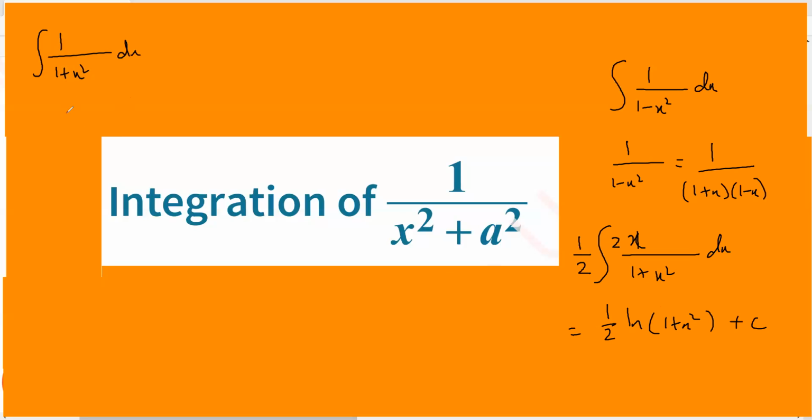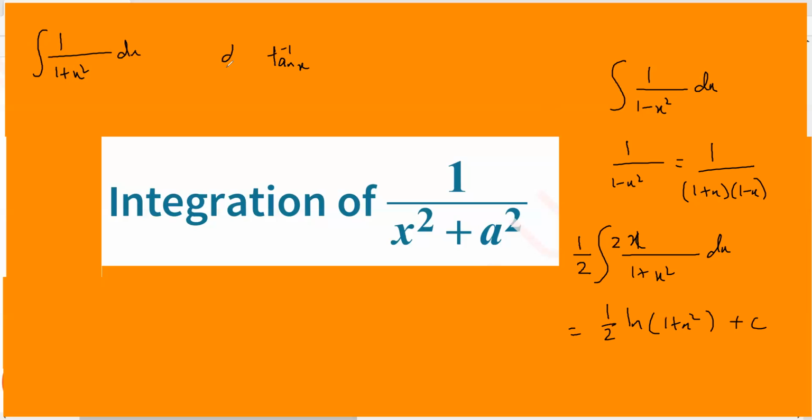But if you just have this 1 over 1 plus x square, you can neither factorize this, nor have its derivative up here. So then you must recall one thing is clear: you can't write its partial fractions, you can't write this resulting into a logarithmic integral. Then you have to think about the derivative of tan inverse of x.